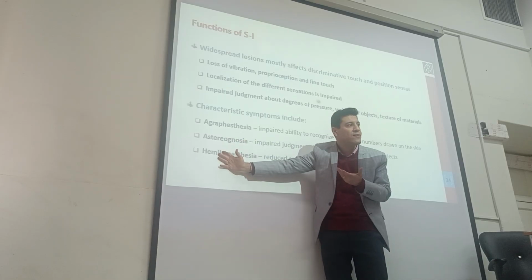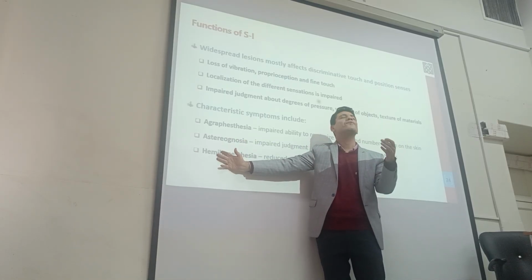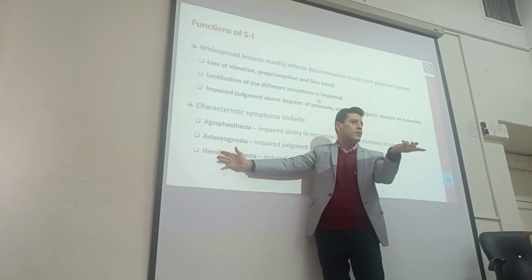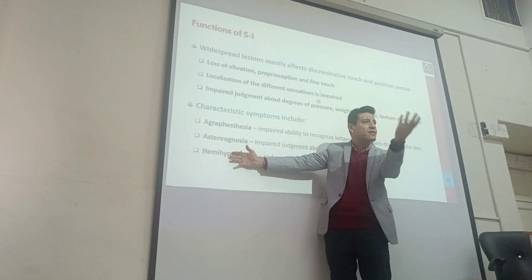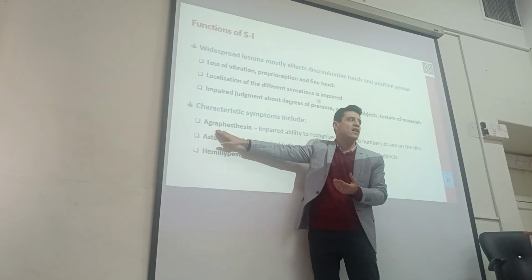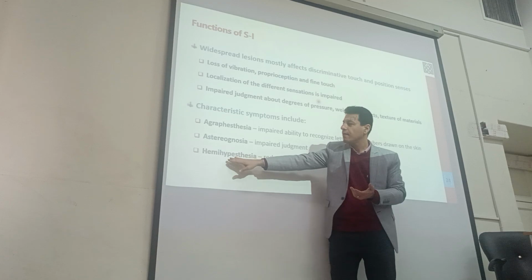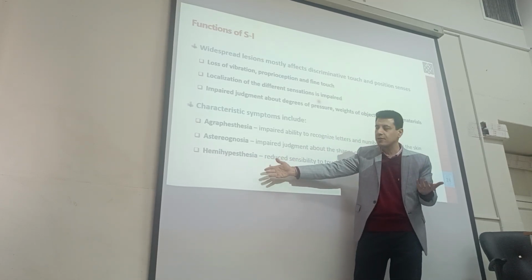This language is related to clinical problems, right? When we talk about physiology, we say that vibration is lost, texture is lost, touch is lost. But in clinical terms, we don't use these words. In clinical terms, we say the patient has agraphesthesia, the patient has astereognosis, the patient has hemihypesthesia, right? So these are clinical terms.